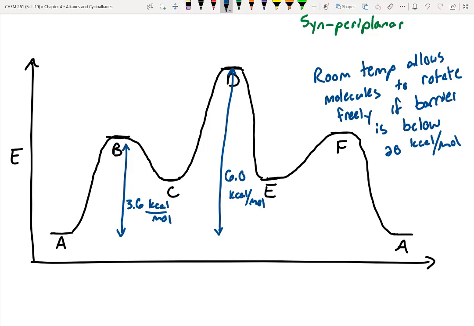All right, so if we look at this, will this rotate freely at room temperature? Yeah, we've got enough energy to overcome these energetic barriers between A and D, right? Because we know between A and D, that's only a 6 kcal per mole jump that we have to overcome.